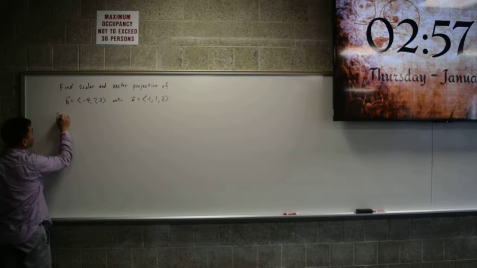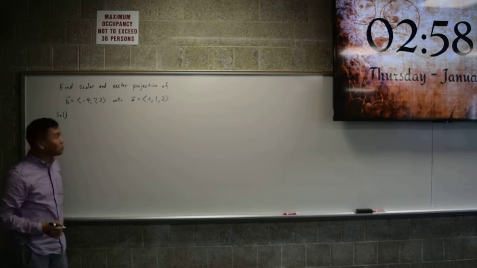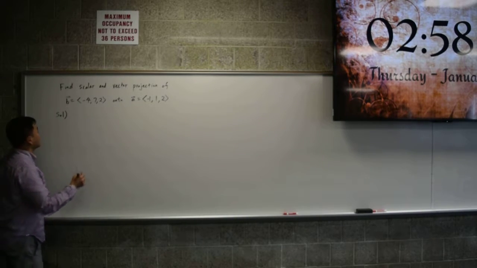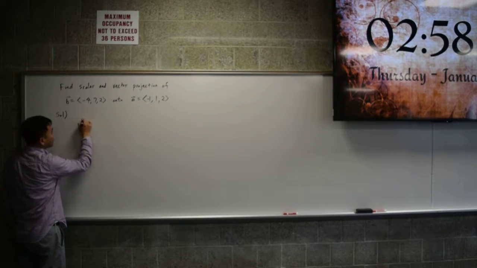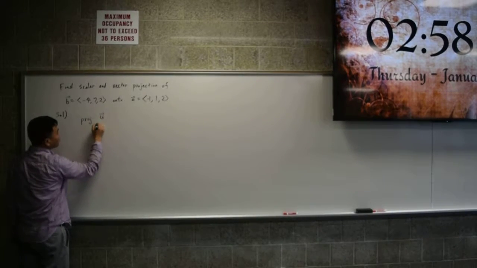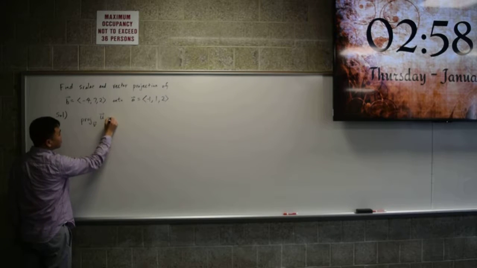Okay. So to solve this, you need to know the formula for the projection and the component. Let me write down the formula for the projection. Projection of a vector u onto v is done in the following way.